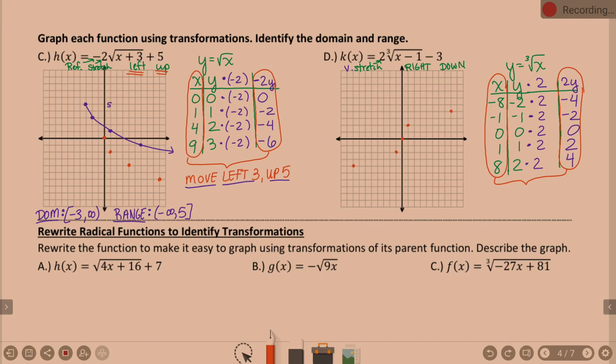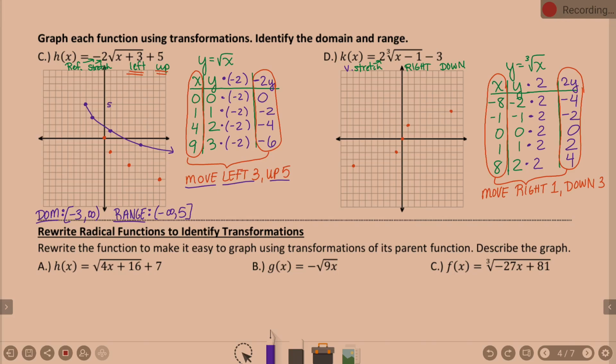Am I done? No, because now what do I need to do? Right 1, down 3. I need to take those points and move them right 1, down 3. And if you're someone who says, I didn't graph the original points, I went straight to the final points, I can see that in my head, as I said, more power to you.